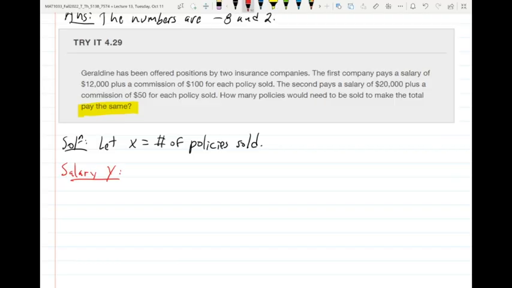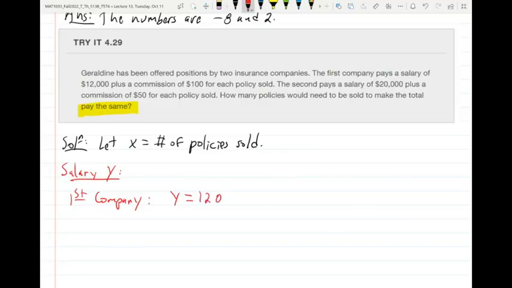So according to the first company, what will be your salary? You can tell me. 12,000 plus 100x. Very good.